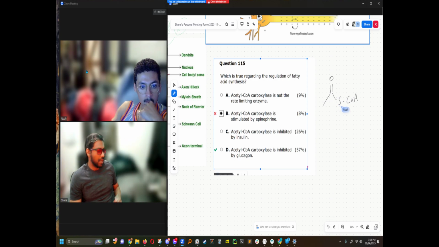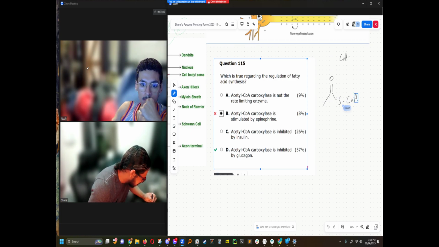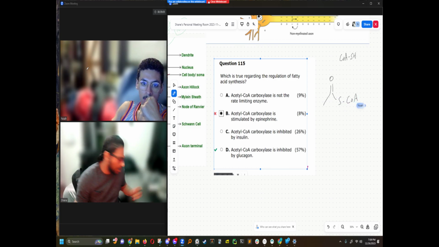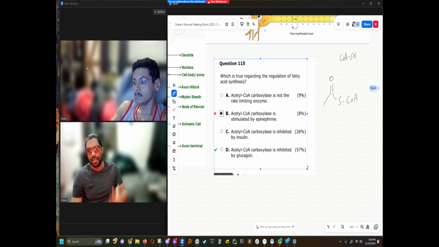Yeah, because the CoA, like coenzyme A, is bound to the thiol. You can see that it can add itself to things, and it'll have to get rid of that hydrogen. This is what acetyl CoA looks like, and it's a good molecule to know the structure of, because it comes up a lot.